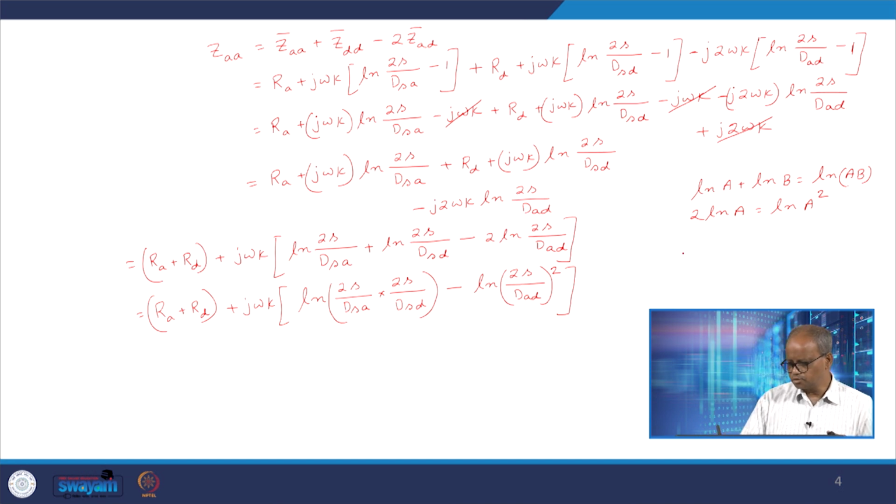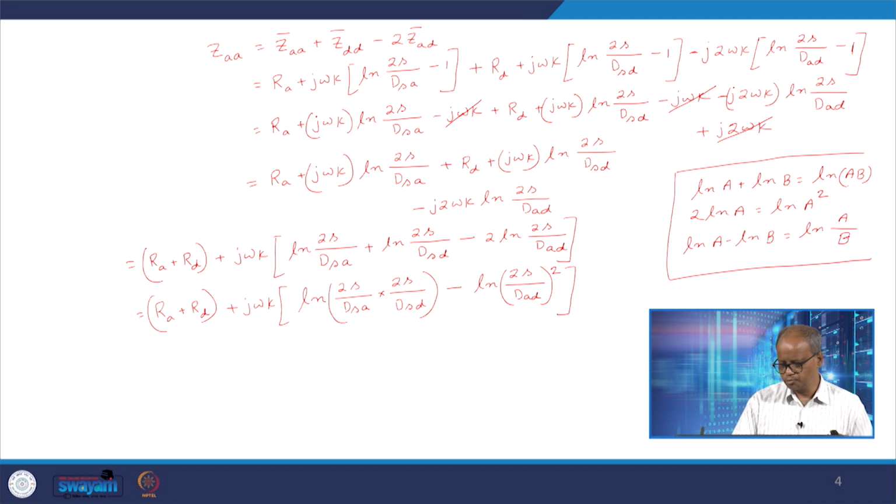And then we also know that log A minus log B is equal to log A by B. We have already used these two, now we would be using this.